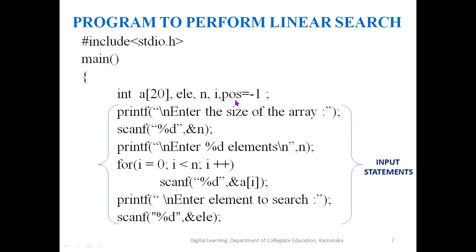And pos is initially initialized as -1, which is going to identify the position of the element in the list. So in the input statements, we accept the size n of the array and then the n elements into the array A. And ELE is the element to be searched in the list.